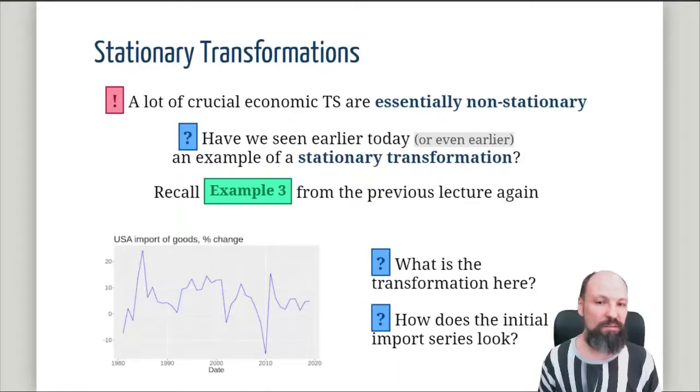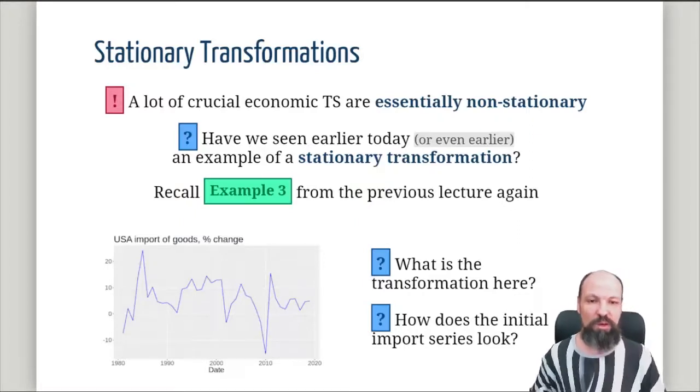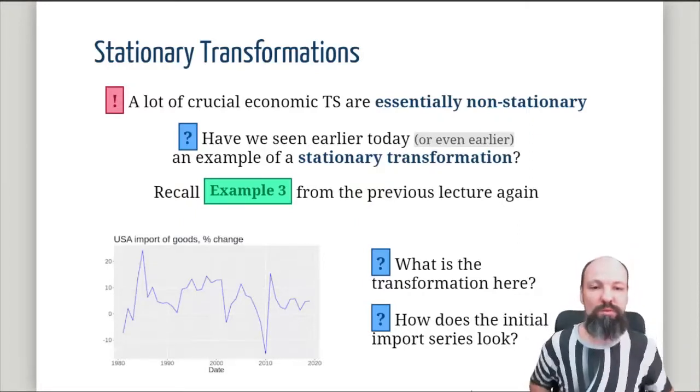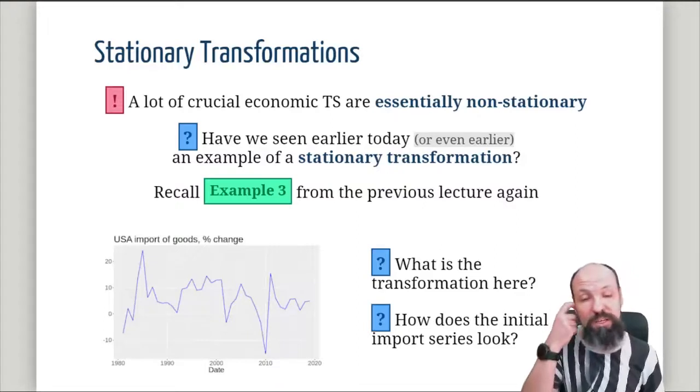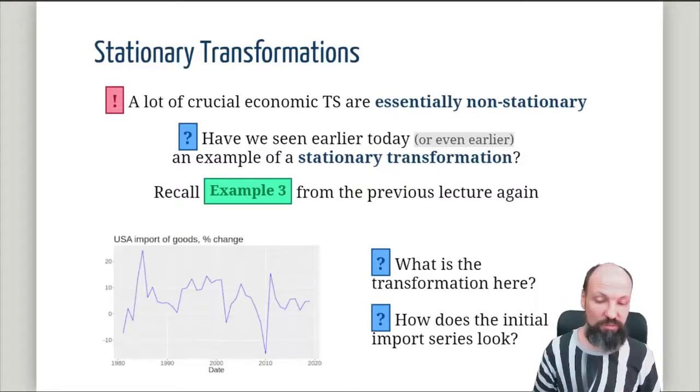Exactly because of that. Because economies grow on average exponentially. If you close your eyes and don't notice all the shifts and crises and so on, over a longer period of time, the growth is exponential. And the way to kill it and make it look stationary is to apply percentage change.